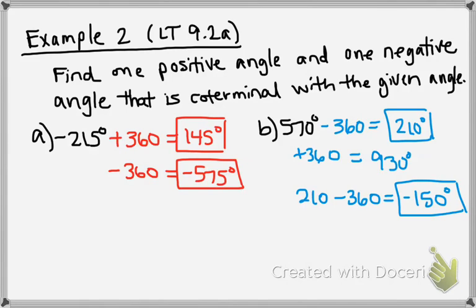So this one shows you, one, that there are multiple answers, so somebody could put either 210 or 930 degrees as their positive answer. And it also shows us that sometimes you're going to have to, in this case, subtract 360 twice from a number, or we could possibly have had to add 360 twice, in order to find one of the two coterminals that the problem was asking for.